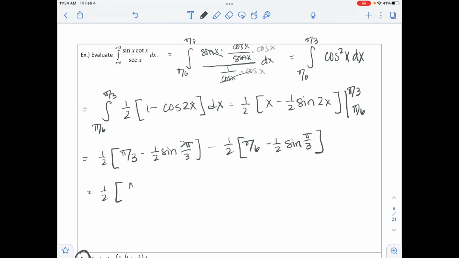So I have 1/2 times pi over 3 plus 1/2 times, and then sine of 2 pi over 3 is going to be rad 3 over 2, minus 1/2 of pi over 6 plus 1/2 times, and then sine of pi over 3 is rad 3 over 2.